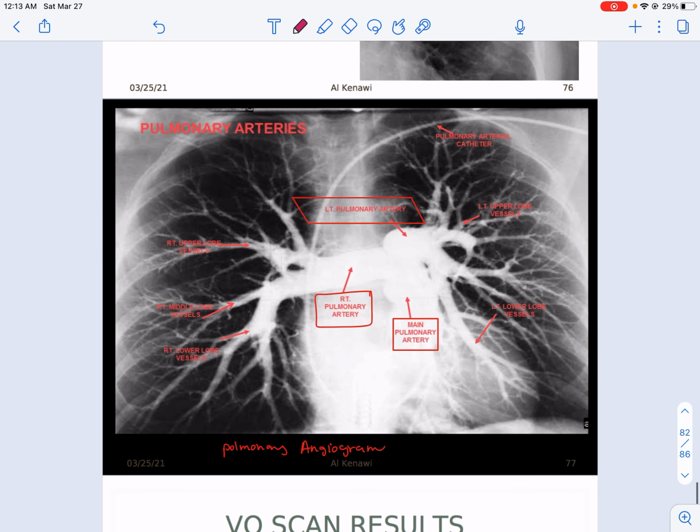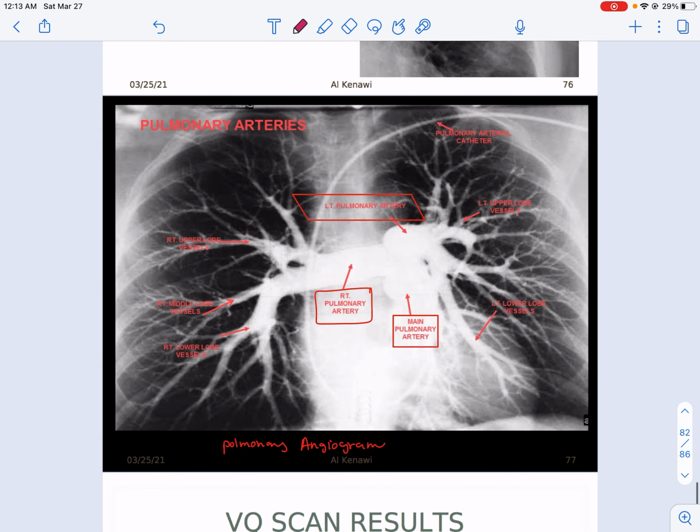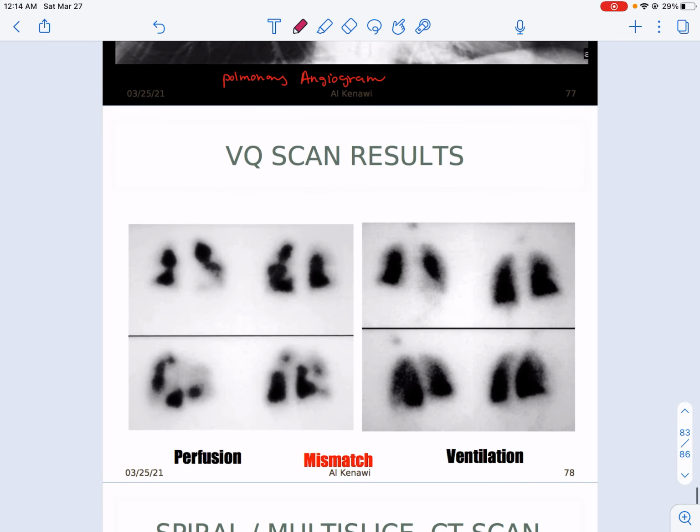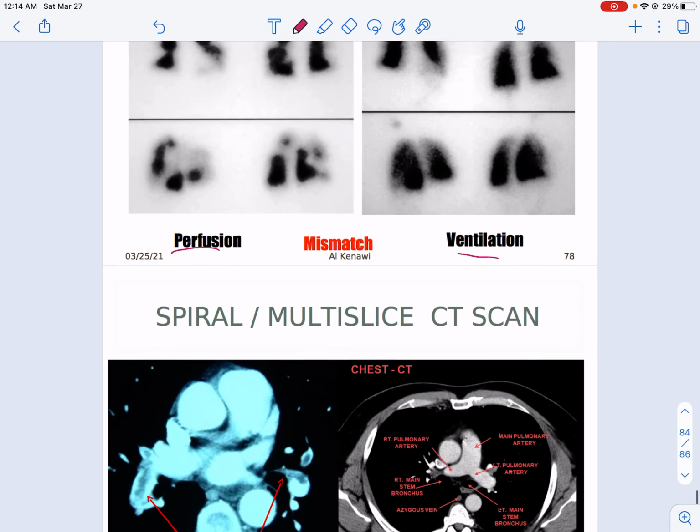This picture is about the anatomy of the vessels, and this is a pulmonary angiogram, which they used in the old days to diagnose PE, but not anymore. In nuclear medicine, the VQ scan is nowadays used a lot for that, and if there is a mismatch between the perfusion and ventilation, it can indicate that the patient has PE.